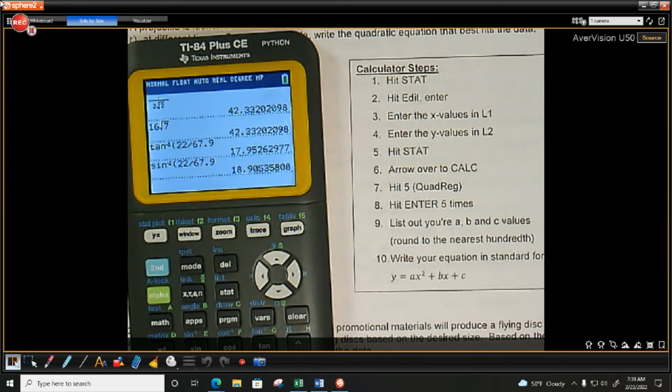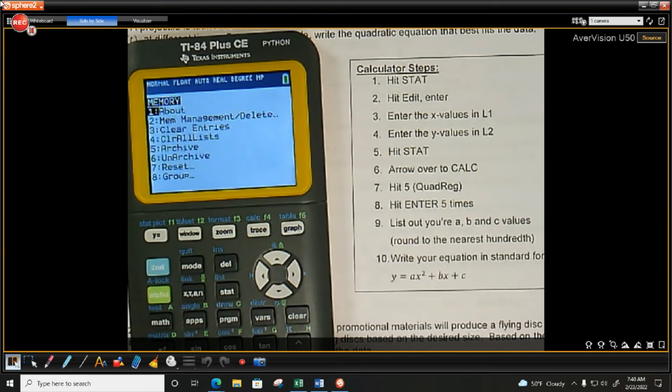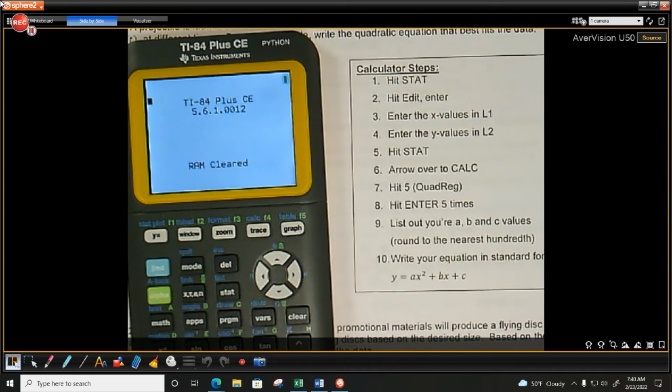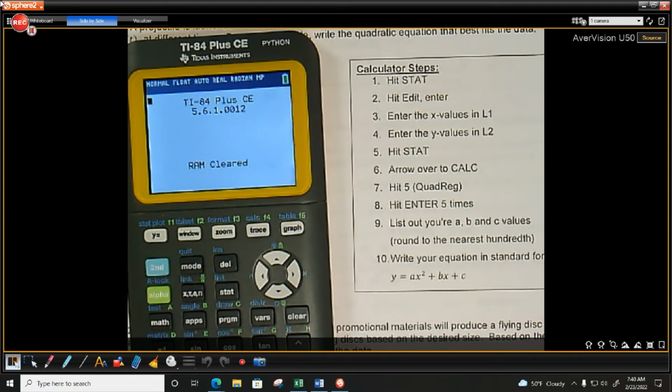Will you have a question like this on your test? Yep. Am I going to help you? Nope. Okay, so let's make sure we're practicing with me. How do I clear the memory? Perfect. Second plus 712. RAM cleared. Second, which is your blue button, plus sign 712.